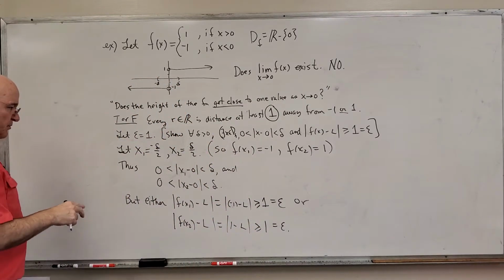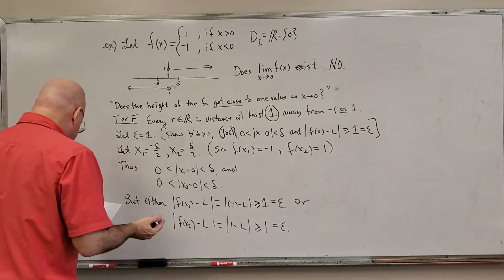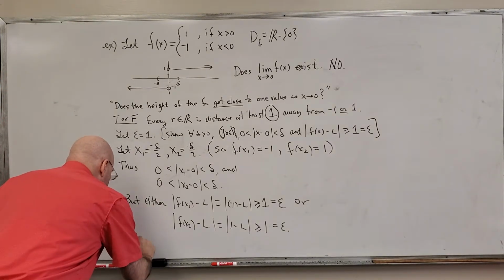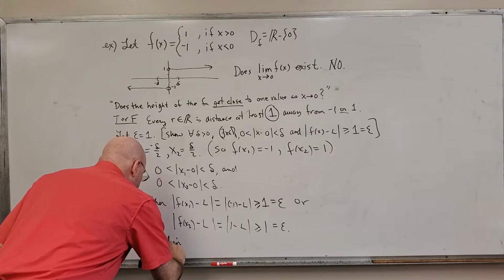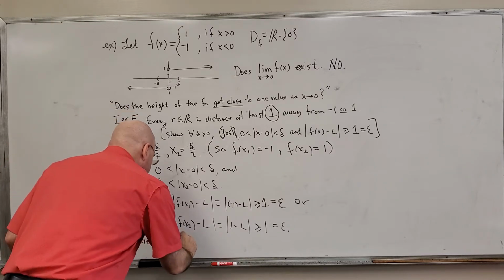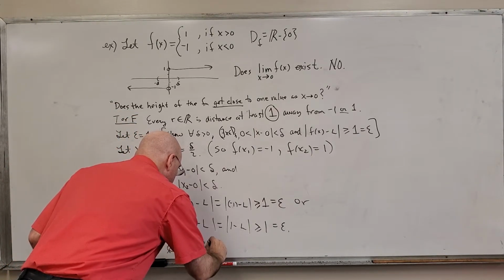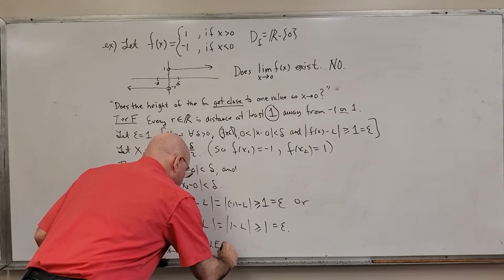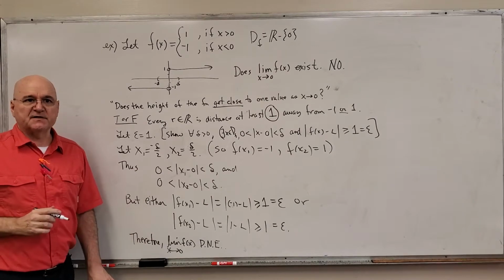So we'll talk about it in a second. Let me just write the final line that says, therefore, the limit of f of x doesn't exist. DNE just stands for does not exist.